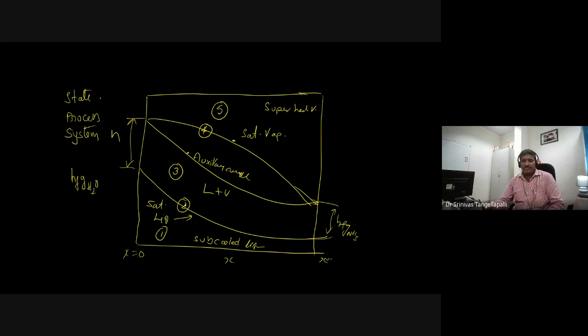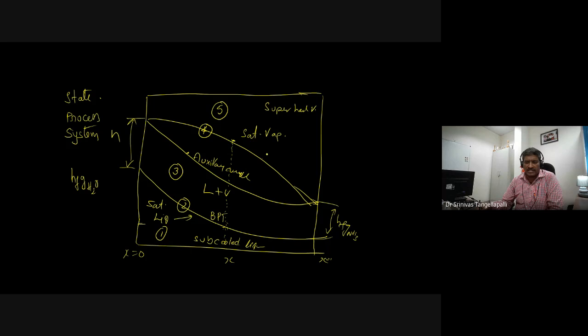Now, if x is equal to 0.5 is defined, it is easy to take the value of saturated liquid or maybe subcooled liquid also. But for subcooled liquid, the temperature is less than the bubble point temperature. This is the bubble point, and this curve is related to the bubble point temperature.